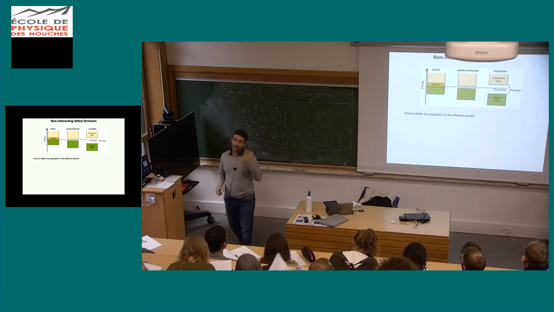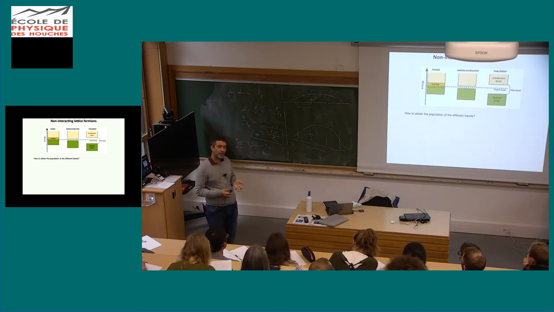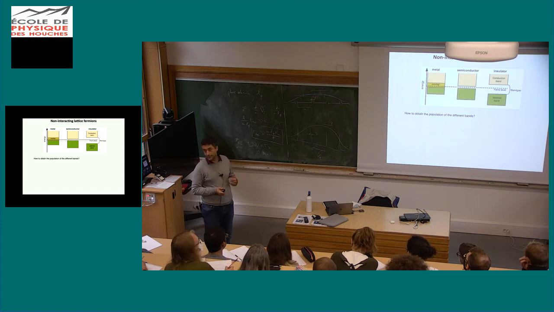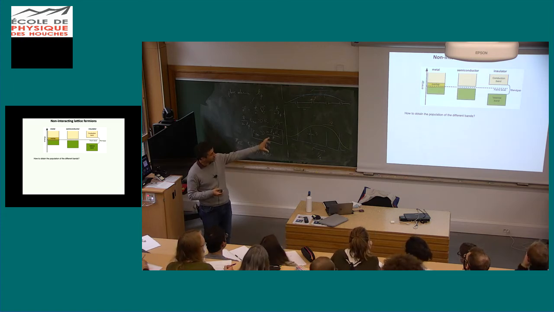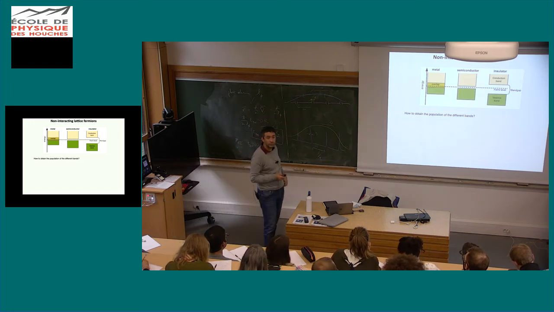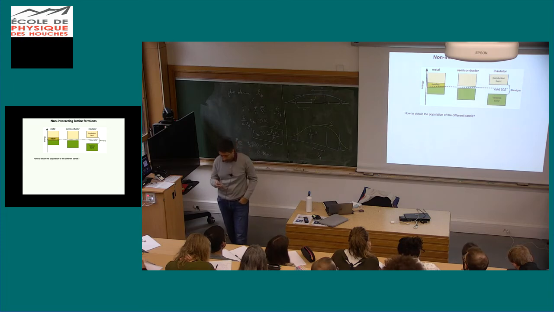In the case of fermions, and you may also want to do that with bosons, one of the things you would like is to understand and measure in the experiment what is the population in the different bands, to see whether you are filling the lowest band or also having some fermions in the conduction band and so on.